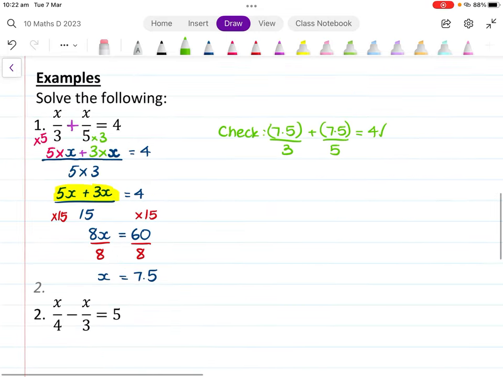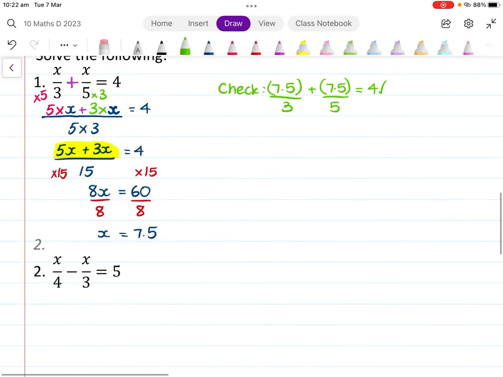For example 2, what we have is x over 4 minus x over 3. So I want to multiply my first numerator by 3. I might even write it up the top. So I'm going to go 3 times x, and then I want to multiply my second numerator by the opposite denominator of 4.